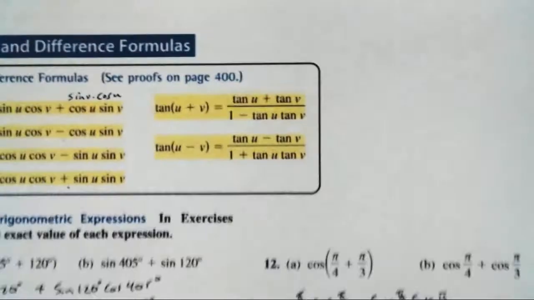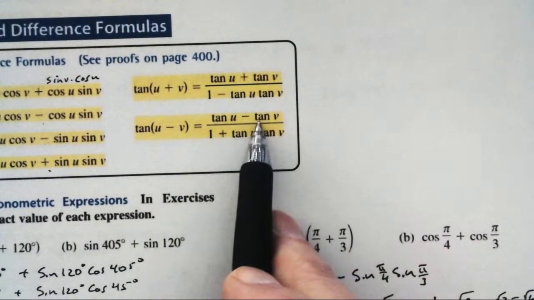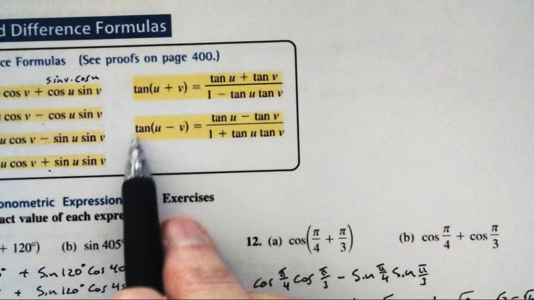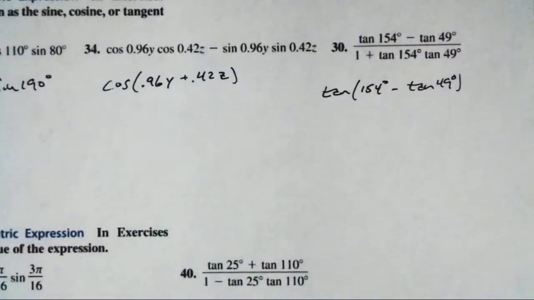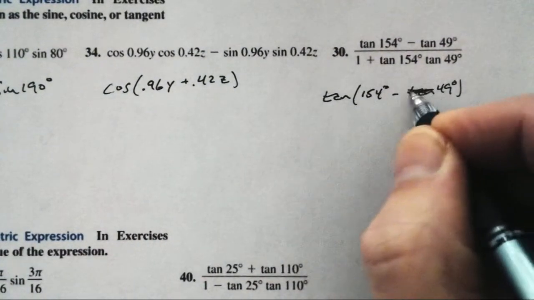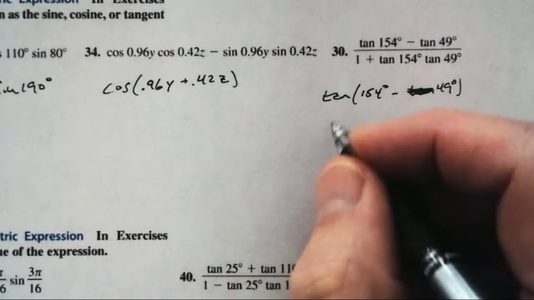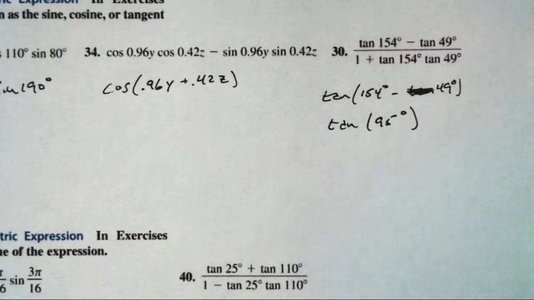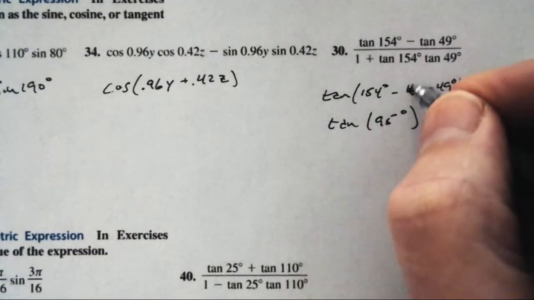In this one it sort of looks like they're distributing, but it isn't distributing, because we get the tangent u minus tangent v, but then we get the whole denominator. So you cannot just distribute these things. Shouldn't have put a tangent here. Should just be the 49. So we end up with tangent of 95 degrees. Apologies for that.